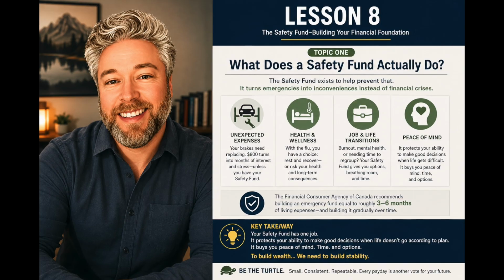One unexpected expense has become a much bigger financial burden. The safety fund exists to prevent this. It turns emergencies into inconveniences instead of a financial crisis.